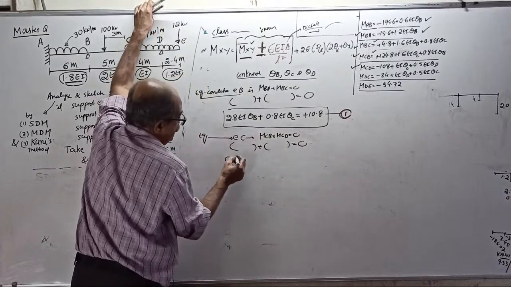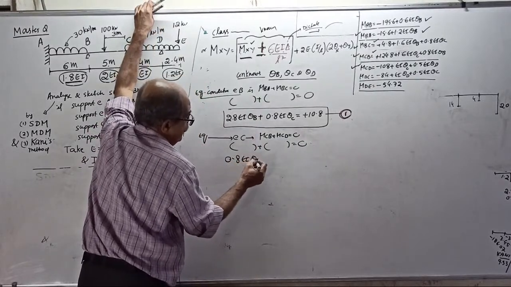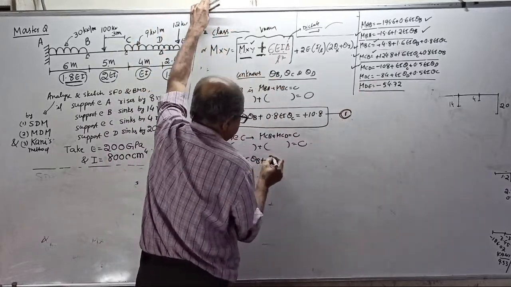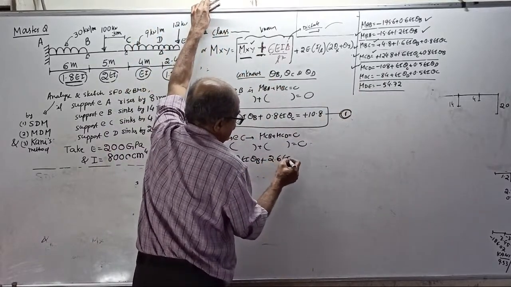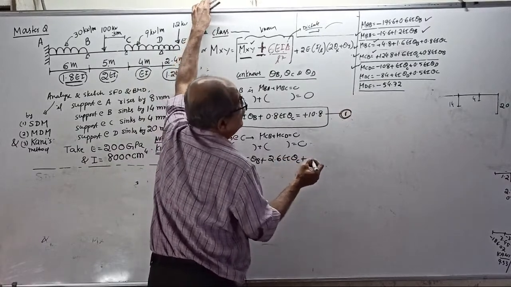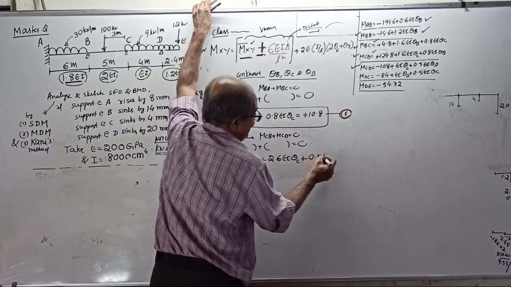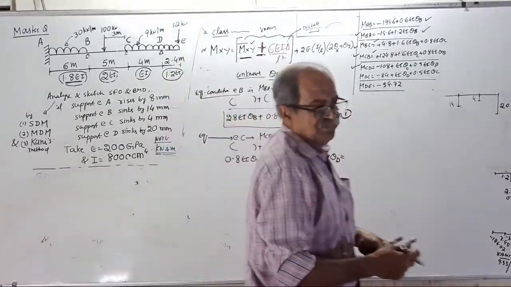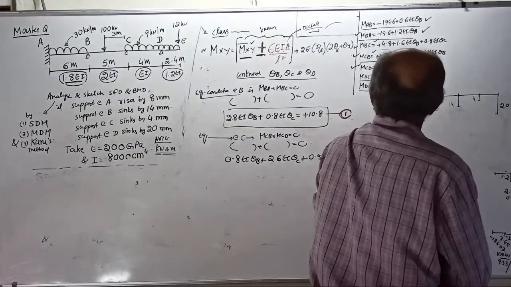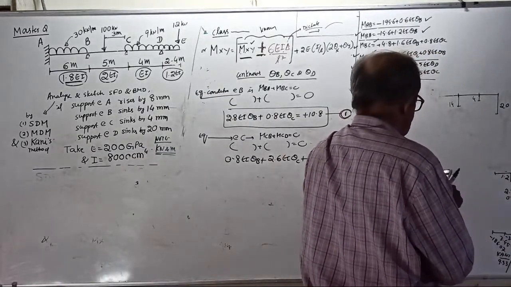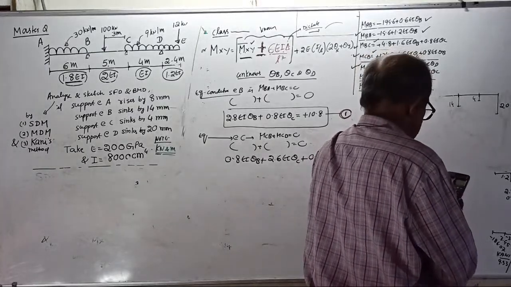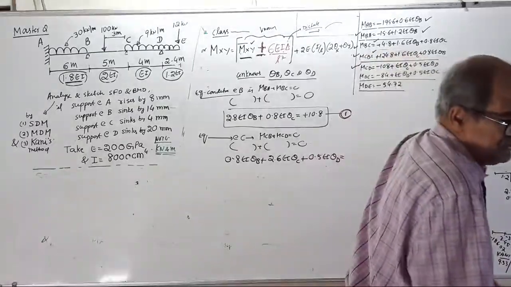You will get 0.8 EI theta B plus 2.6 EI theta C plus 0.5 EI theta D equal to MCB is 124.8, MCD is minus 108, equal to minus 16.8.